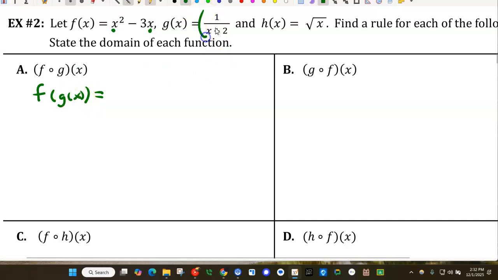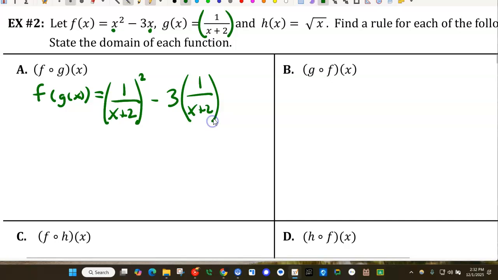So we have (1 plus x over x plus 2) squared minus 3 times 1 over x plus 2. It's just this very function, but with each x replaced with the rational function.